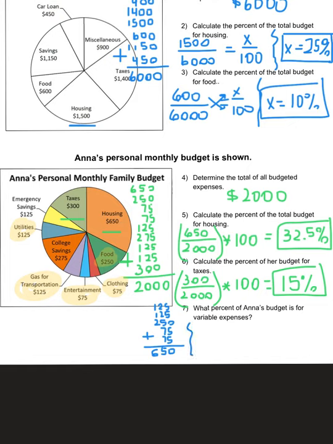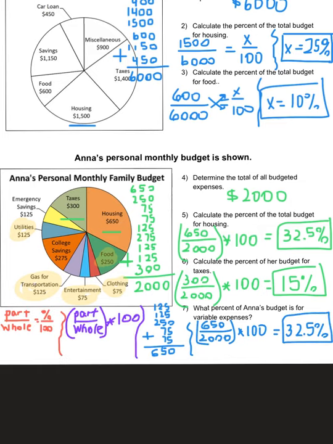So it's going to be the part of the budget for variable expenses, $650 out of $2,000, which is the whole total budget, and times 100, just like I did on those previous two. And when I calculate that, it's going to give me 32.5% for her from her budget is going towards the variable expenses.